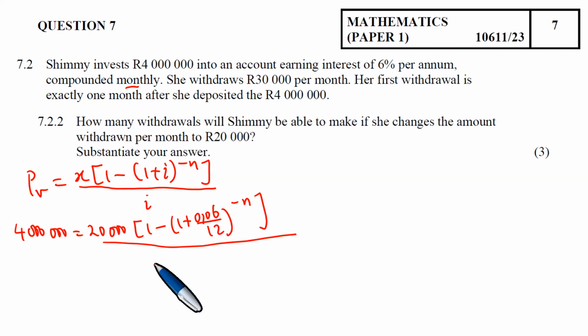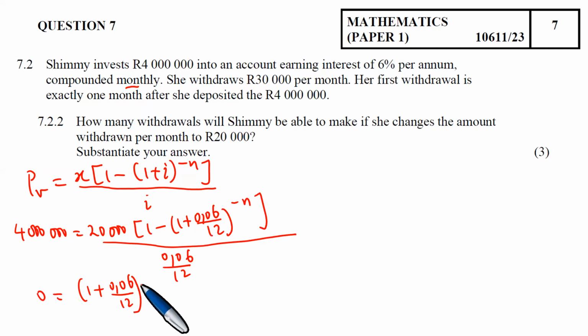Then you divide by 0.06 divided by 12, and it is 1 plus 0.06 divided by 12 to the power minus n.